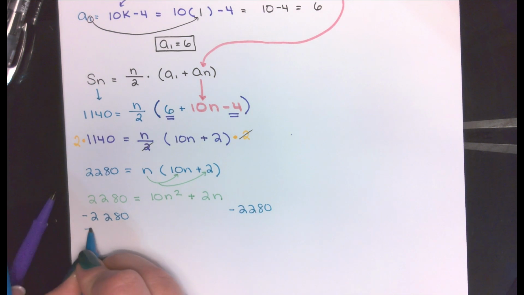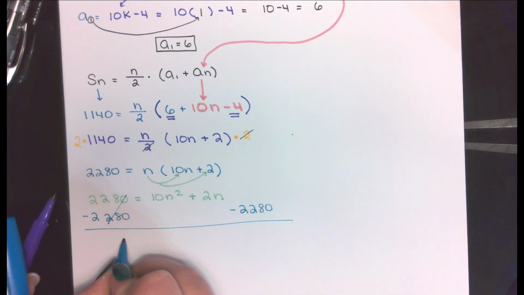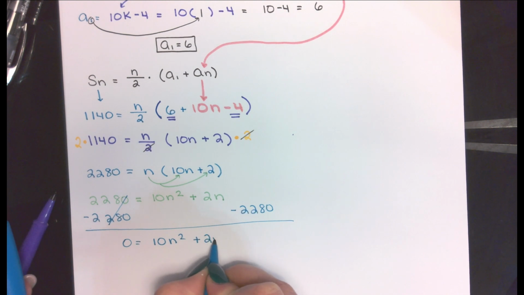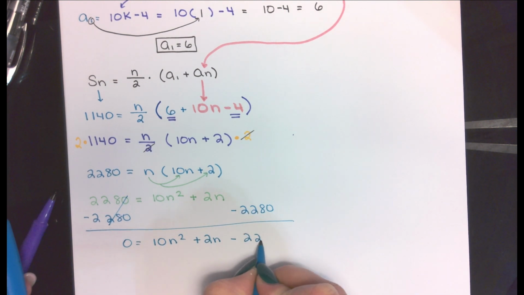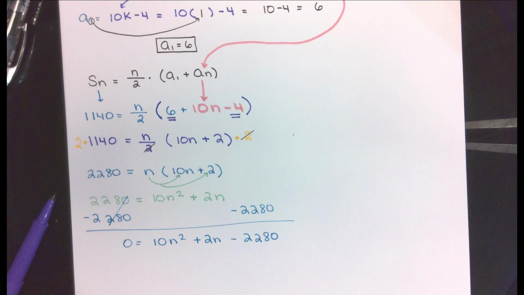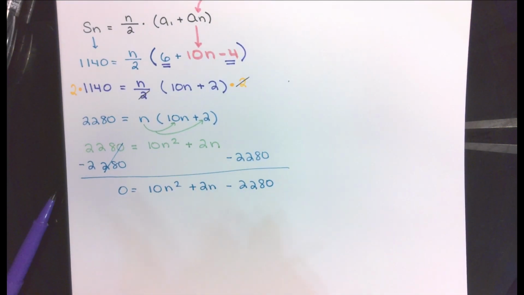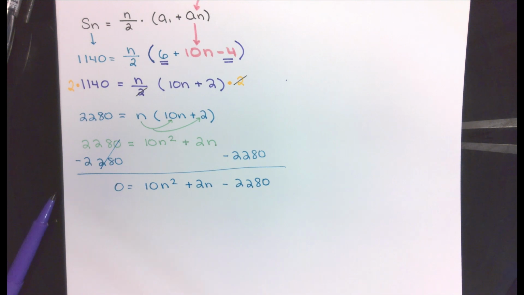Now, I am already foreseeing a little bit of a problem because unlike the other examples we did in our notes and example 1, which was question number 5, I can't just divide everything by 10 and make it into a trinomial with the leading coefficient of 1.